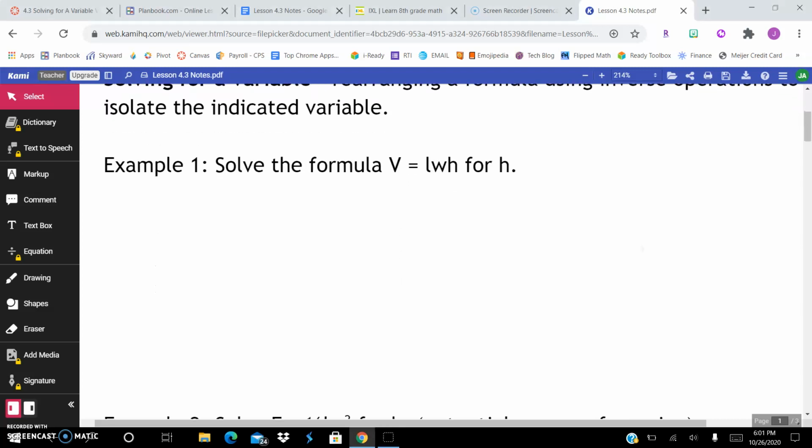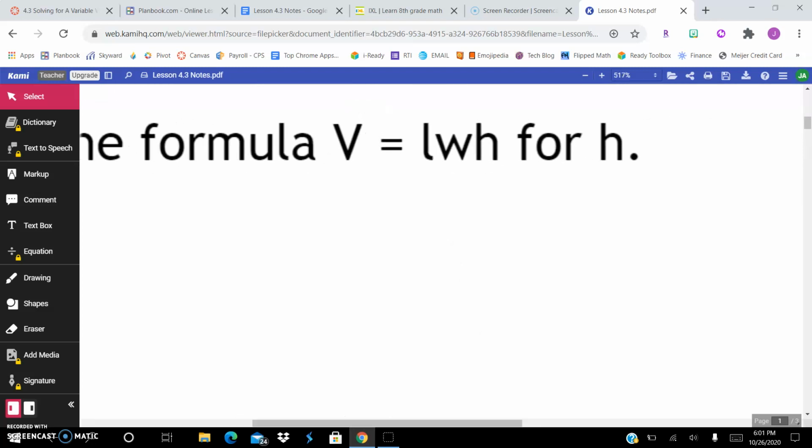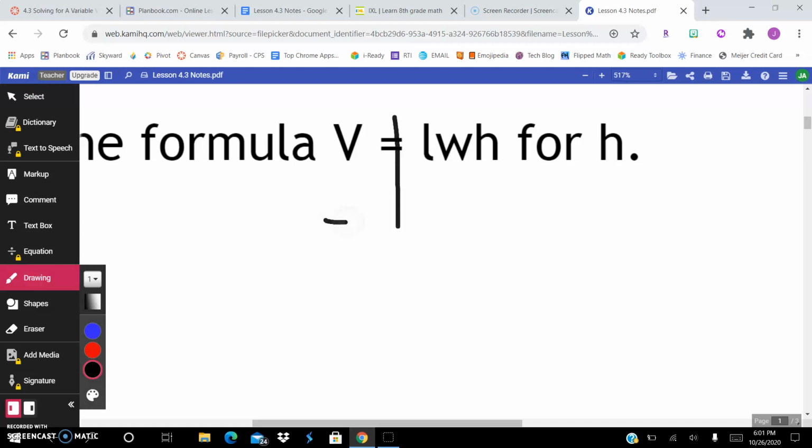So for example 1, it says solve the formula V equals L times W times H for H. We don't have any numbers here, but we can move some of the letters. So nothing's going to cancel out. We're basically just rearranging here. So we want to solve for H. And since this is all multiplication, we're going to have to divide.